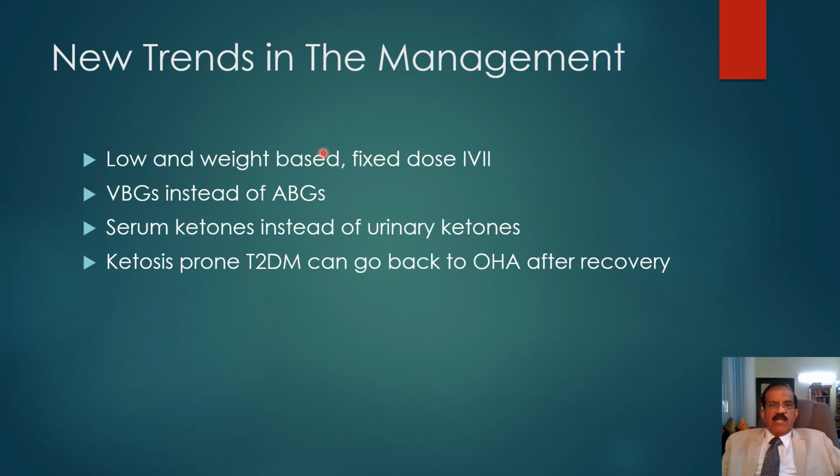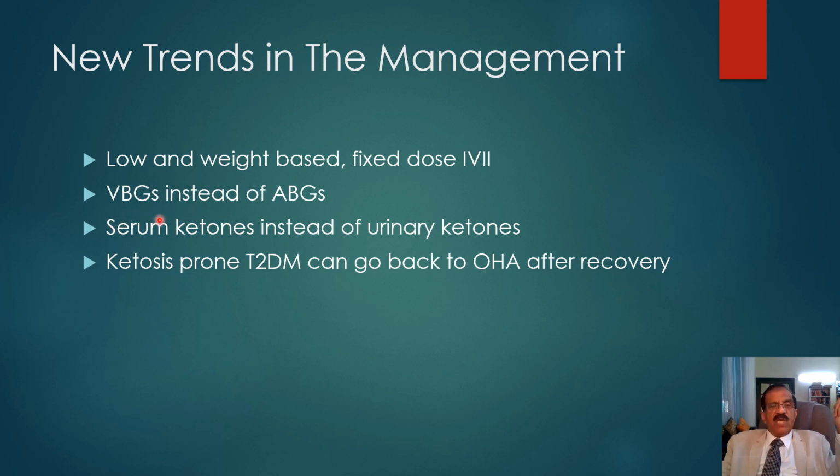New trends in the management: low and weight-based, fixed dose intravenous infusion of insulin, as against the high dose which we used to use in the past. Venous blood gases instead of arterial blood gases. I'm sure arterial blood gases are still okay, but venous blood gases are easy on the patient and also easy to perform.